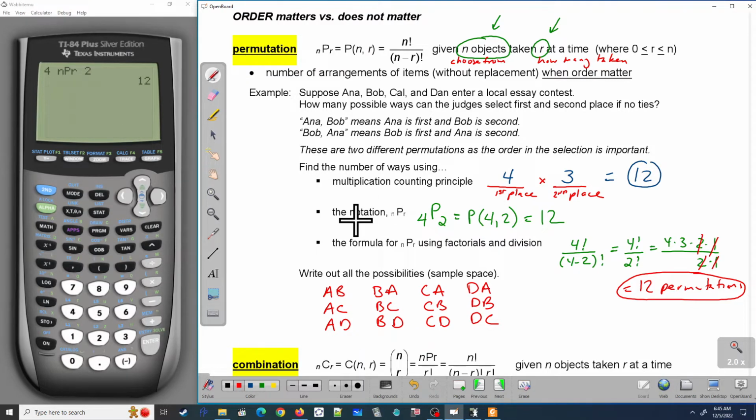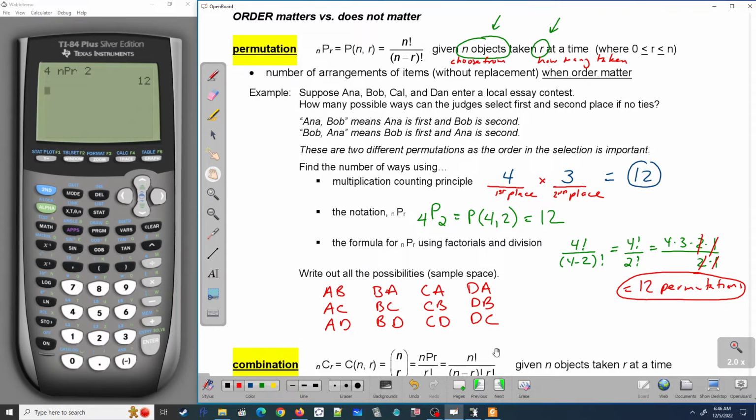Or how would you write this using a permutation? But I will also tell you that another popular question is, how do you write a permutation using factorials and division? So you could write it as 4 factorial over the quantity 4 minus 2 factorial, or just simply 4 factorial over 2 factorial. Be prepared to use all three methods.